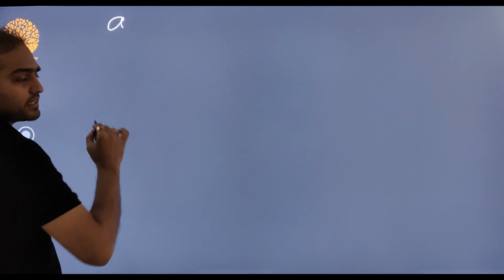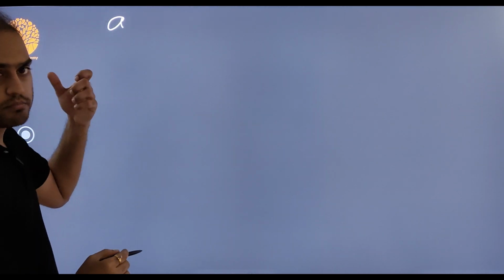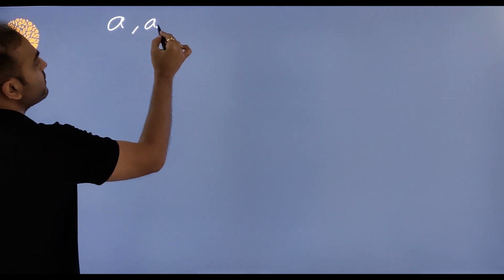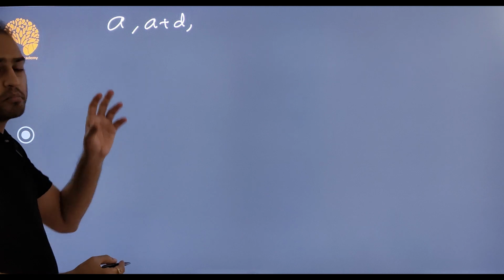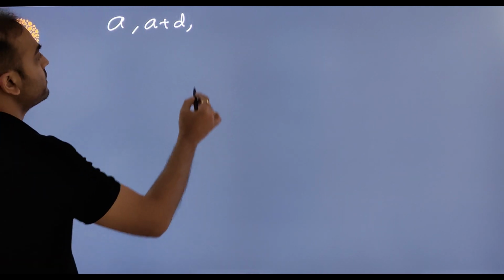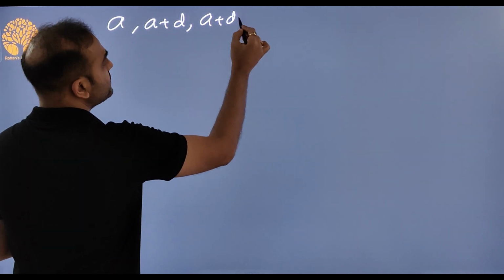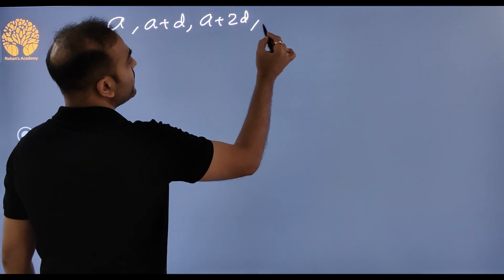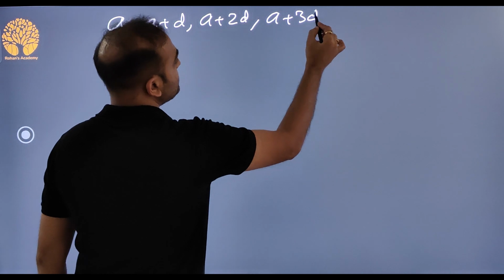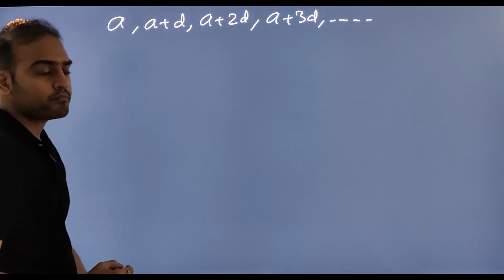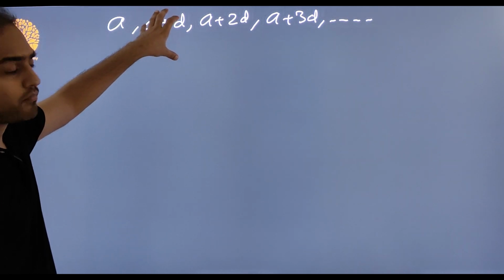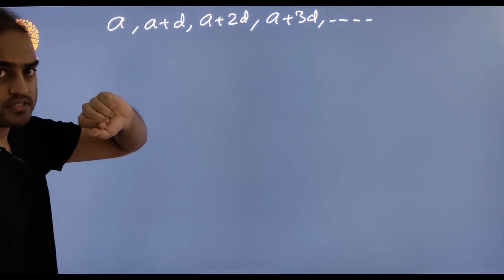Any arithmetic series is written by the first term, which is A or A1, whatever you want to call it. The second term is A plus D, because the common difference gets added to it. Then A plus 2D, then A plus 3D and so on. Now if you observe, for the second term, we added D once.